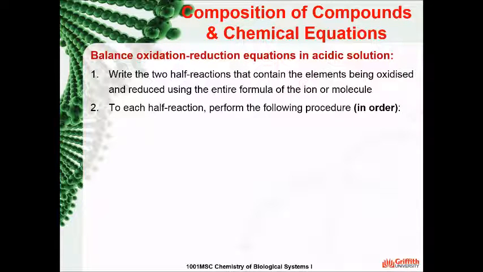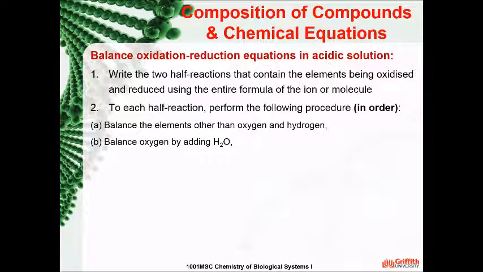To each half reaction, perform the following procedure in order. We must balance the elements other than oxygen and hydrogen. We then balance the oxygens by adding H2O. We can then balance the hydrogens by adding H+, as we are only learning redox reactions in acidic solutions.